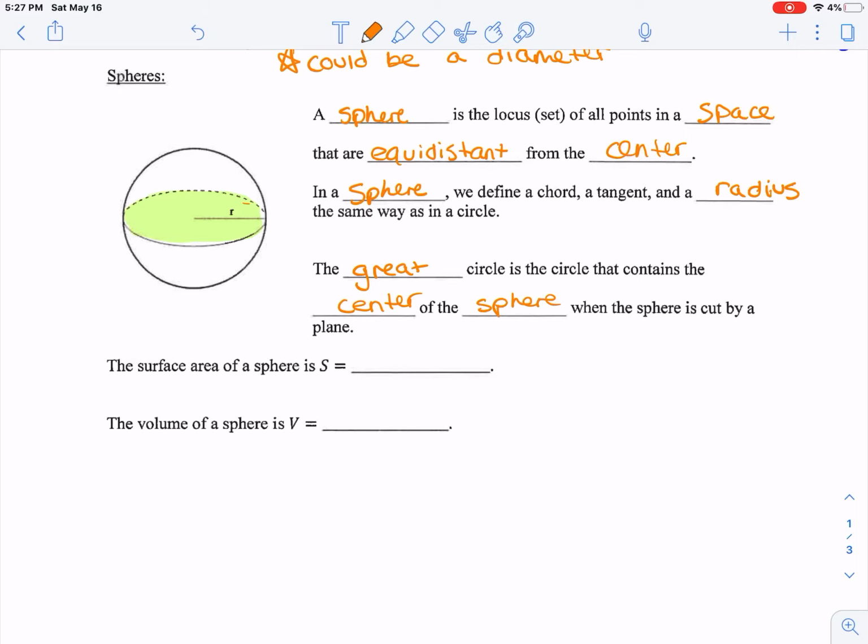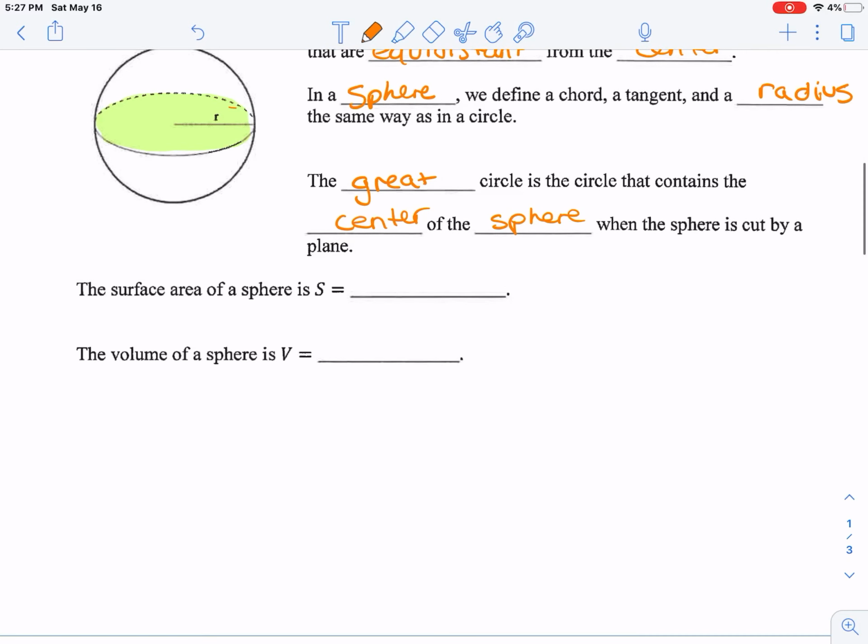Now we have two new formulas here. The surface area of a sphere is going to be 4 pi r squared. And then our volume is going to be 4/3 pi r cubed. Now, for me, I always remember the r squared is with the surface area. Area is always squared.